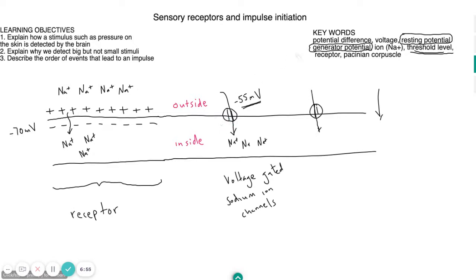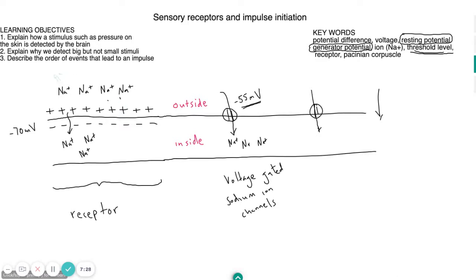If the generator potential isn't big enough, then the threshold level is not going to be exceeded, and therefore the opening of the voltage gated channels isn't going to take place. So it's really important, for you to detect any changes in the environment around you, that the change was big enough to have initially caused these sodium ions to diffuse in in the first place. Okay, so that'll do for now.